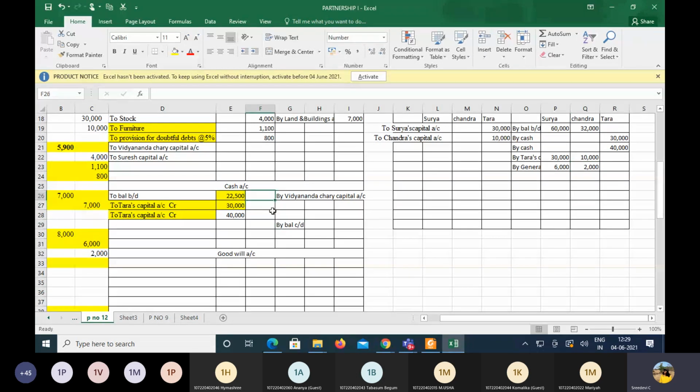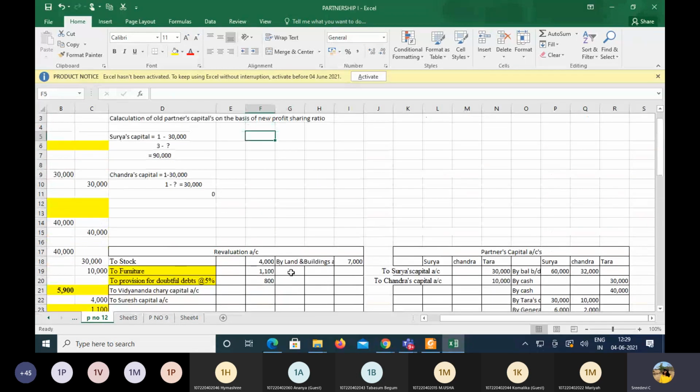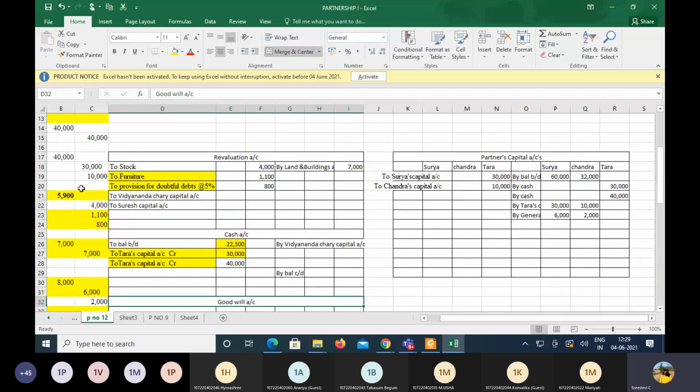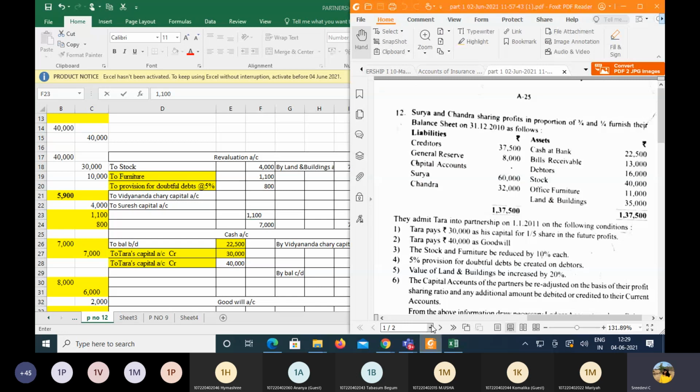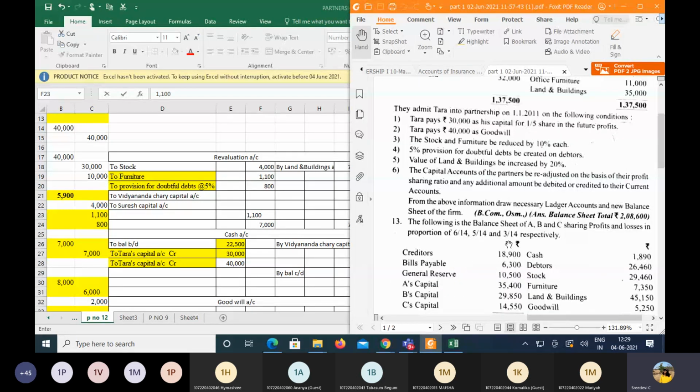So first let us close the revaluation account and see whether there is a profit or a loss on revaluation. As you can see, the debit side total is 5,900, whereas the credit side total is 7,000. So the credit is more, so there is a profit in the revaluation. How much is the profit? 1,100.